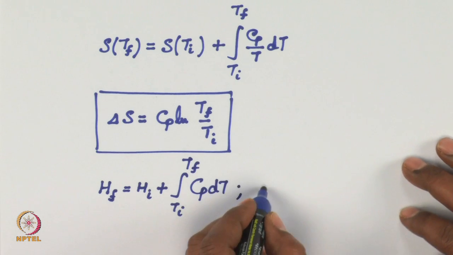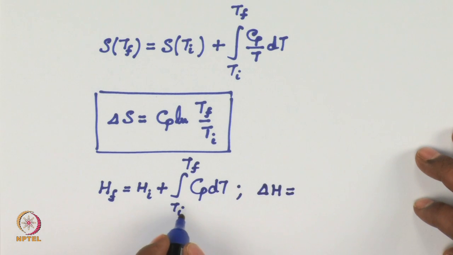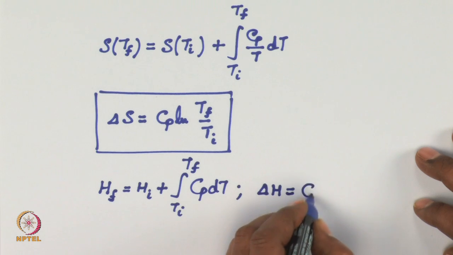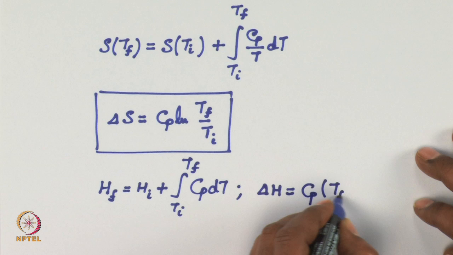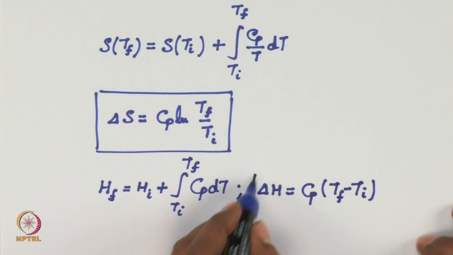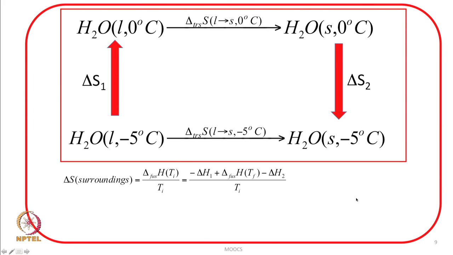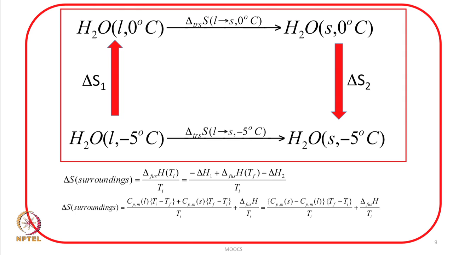which can be written as delta H is equal to Cp delta T, if I assume Cp to be independent of temperature. I make use of this expression, and this is what I will use here for minus delta H1. It will turn out to be Cpm of liquid into Ti minus Tf.